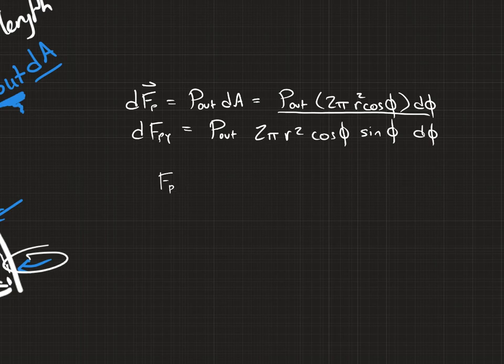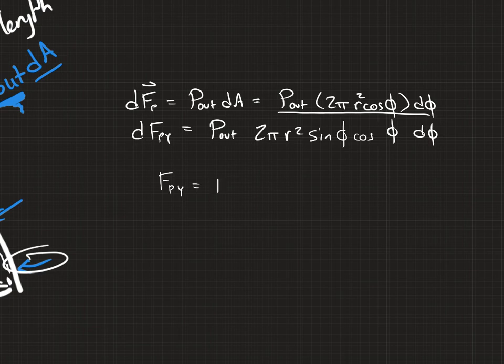FP in the y direction equals, okay, you know what I'm going to do? I'm going to rearrange these because of the way I think of my chain rules here. So I'm going to make that sine, cosine. Okay, sine of phi, cosine of phi.